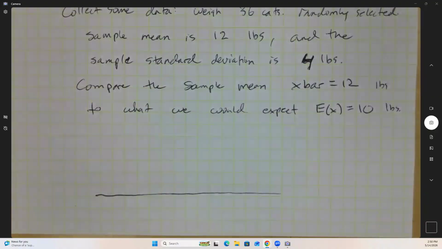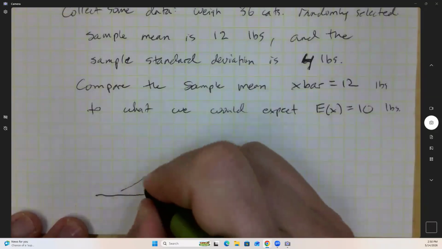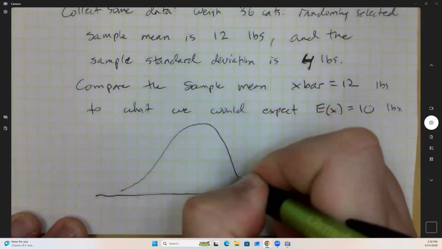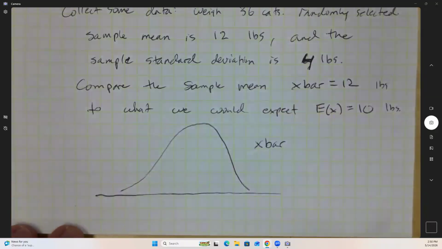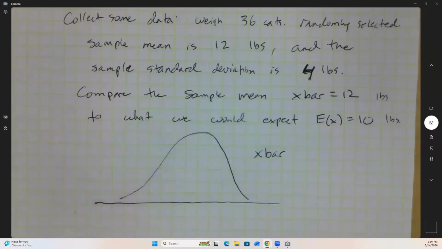This is going to be a visual hypothesis test. We know that the sample means X bar are distributed normally. We only collected one sample of 36 cats because we don't have all day. We can't go out and do that 100 different times.